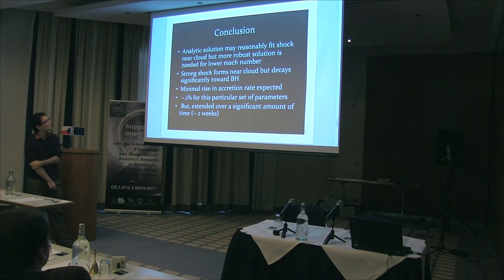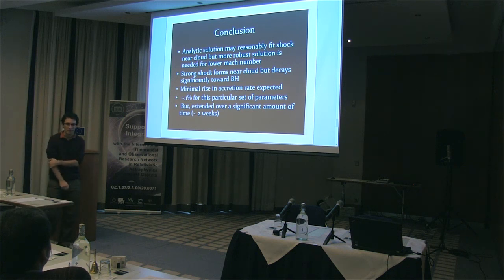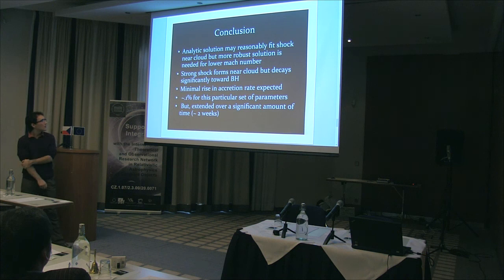But yeah, it works at high Mach number, but it really doesn't work for these low Mach numbers that we're working at, like 3 and 4, etc. We clearly saw a strong shock form near the cloud, but once you extrapolate that cloud down to the black hole and take into account the effect of the hole accretion, there's not a whole lot to see. Really minimal rise, like I said, it's about 0.1% for this particular set of parameters that we have, but it lasts a while for this particular setup.